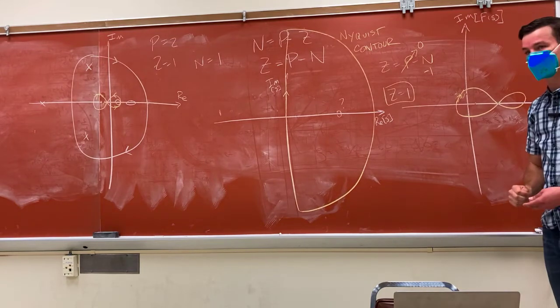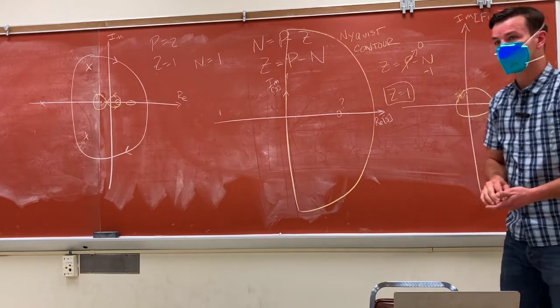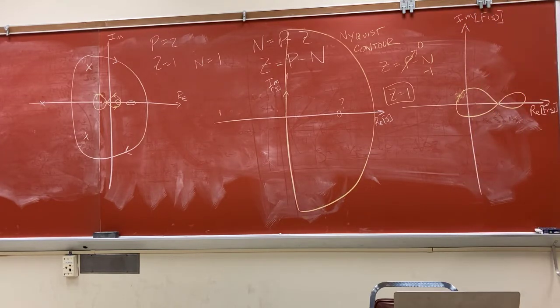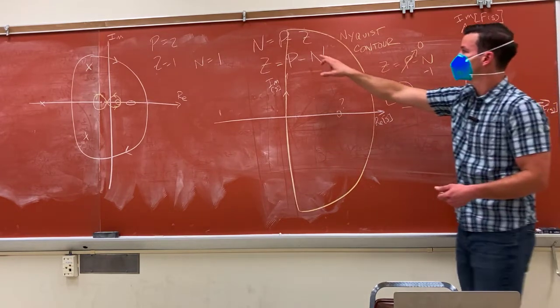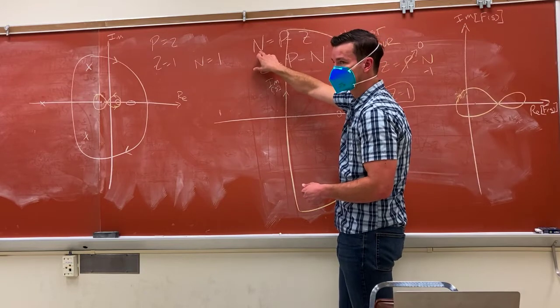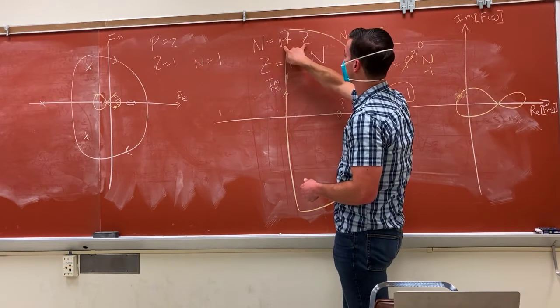If you have a Nyquist contour and the output of that Nyquist contour encircles the origin, doesn't that mean there's a pole or a zero in the right-hand plane? Yes. Or an equal amount? No. If n is non-zero, positive or negative, that means that these have to differ.